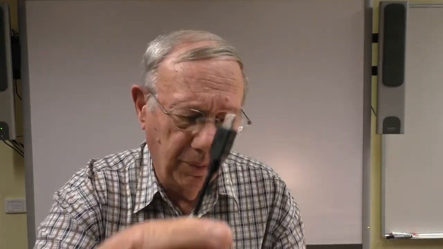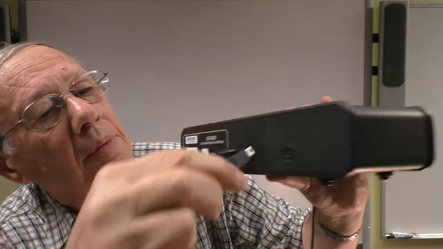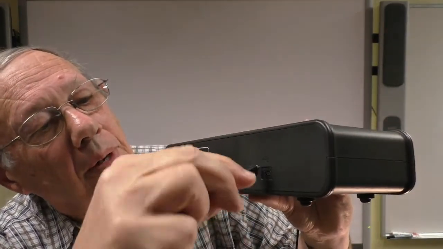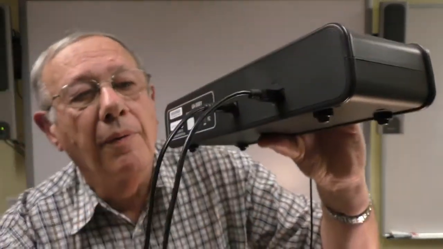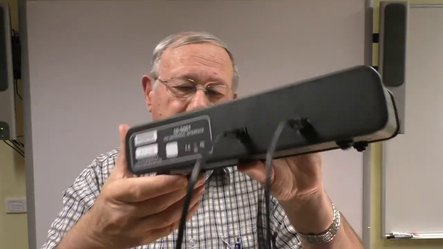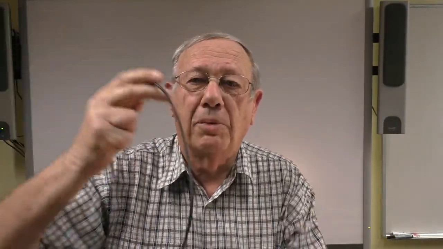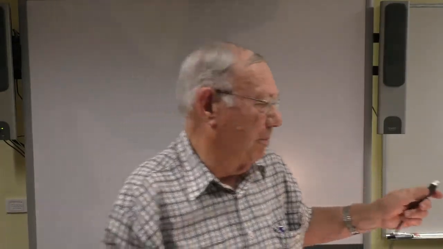And you can see the USB connection there. So that goes in the back here, and upside down there. So there it is there. Now the other end of this, the USB, goes into the computer. So I'm going to put that into the computer.